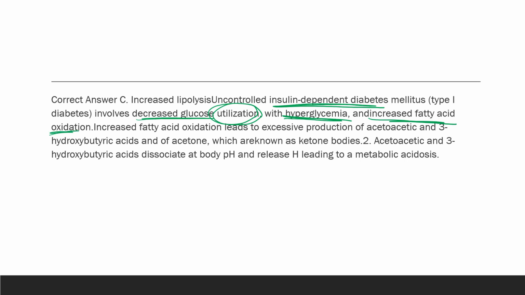Increased fatty acid oxidation leads to the excessive production of acetoacetic acid, 3-hydroxybutyric acid and acetone, which are known as ketone bodies. Acetoacetate and 3-hydroxybutyric acid dissociate at body pH and release H+, leading to a metabolic acidosis.